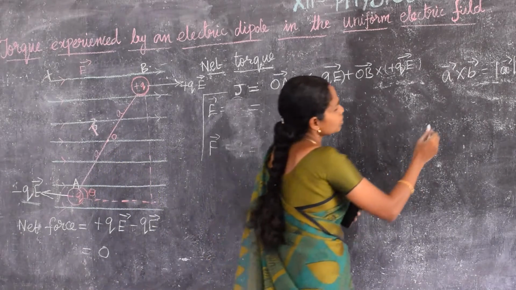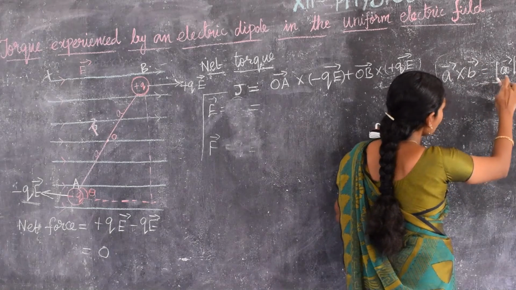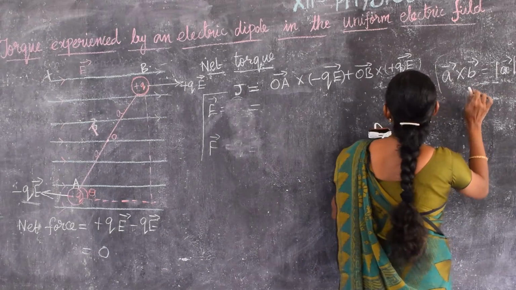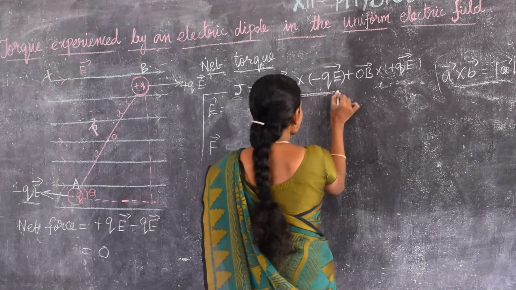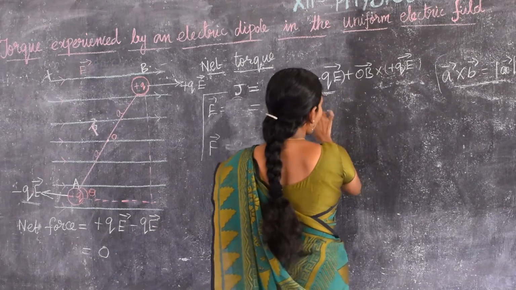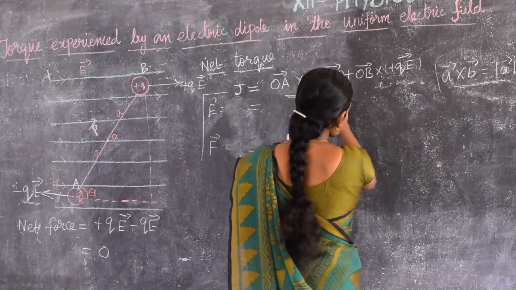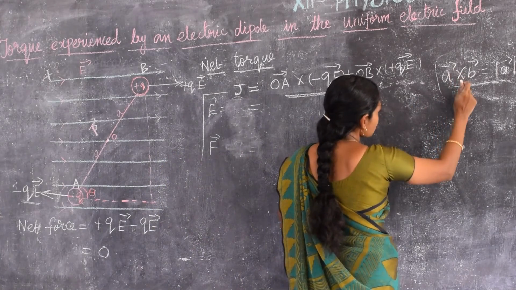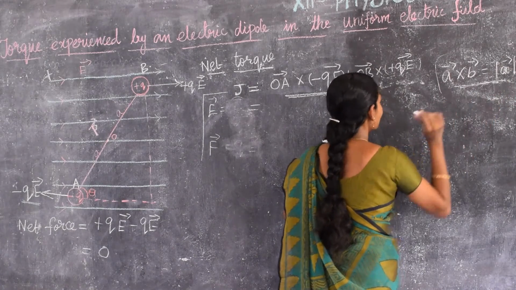We know the formula A cross B is equal to mod of A mod of B sin theta. In 11th standard physics we studied about this. So in a similar way we write this. It is in the form of A vector cross B vector, and the formula is mod A mod B sin theta.